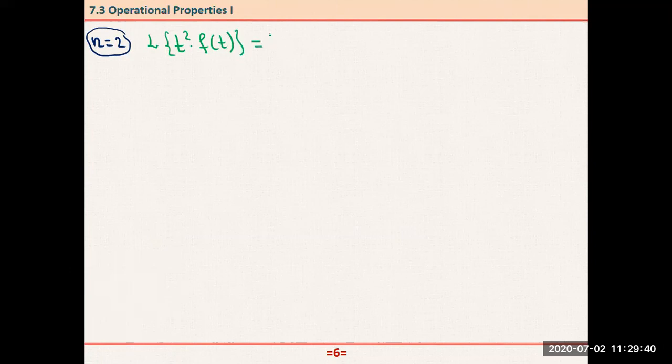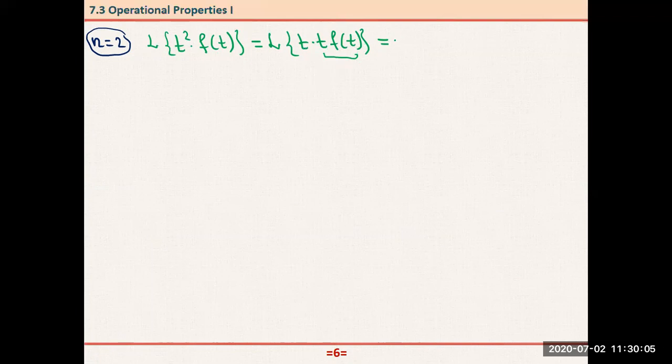That is equal to, I can write it as the Laplace transform of t times t f of t. Now instead of f, I have this function. And it says that to evaluate this, just differentiate the Laplace transform of this thing and multiply by -1.